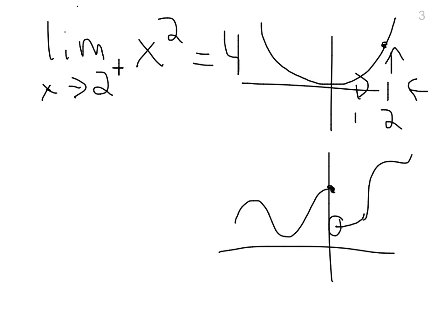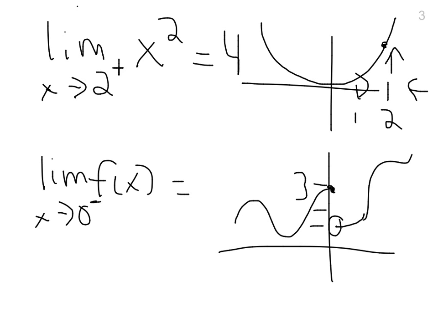However, to get back to limits, now let's take the limit at x equals 0 of this function, just f of x. So the limit as x approaches 0 from the left of f of x is equal to, we'll call that, I don't know, 3.